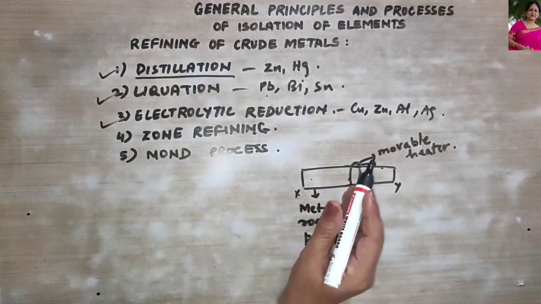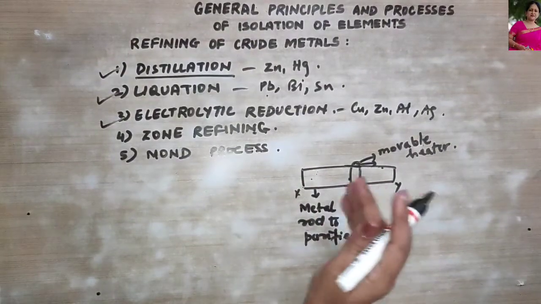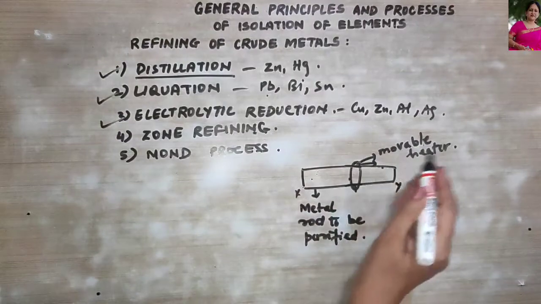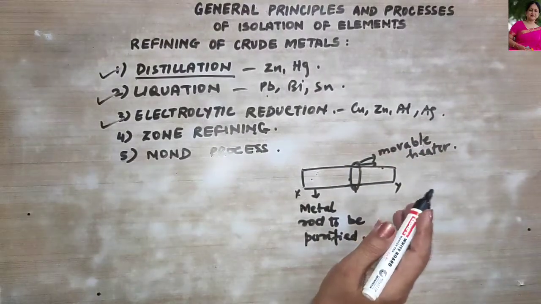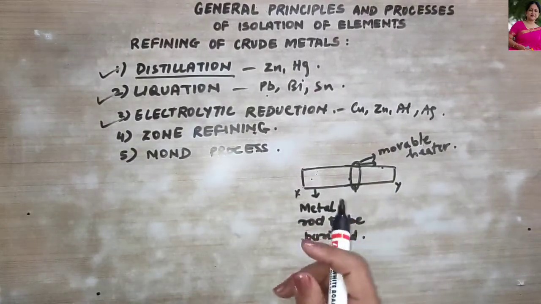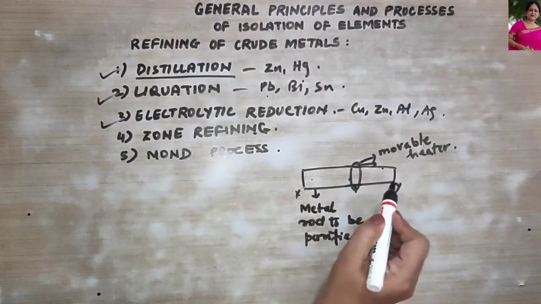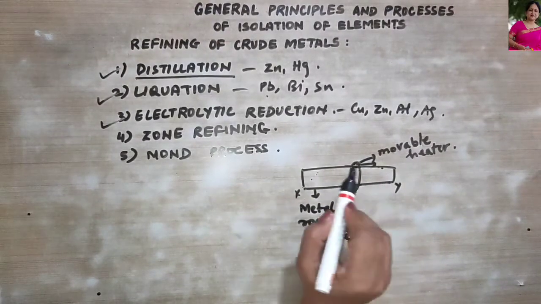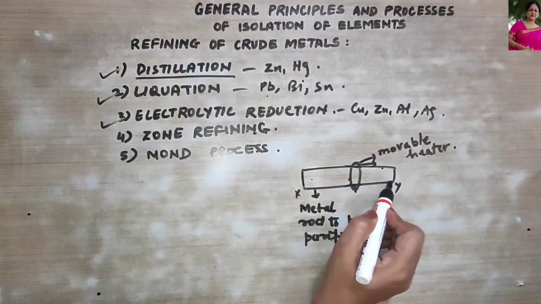So the impurity, being more soluble in the molten metal, is carried away along with this movable heater towards the end Y of this rod. By repeating the movement of this heater from end X to end Y, most of the impurity is transferred from the X end to the Y end, right?